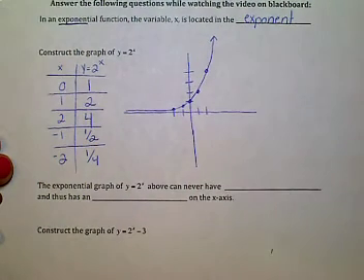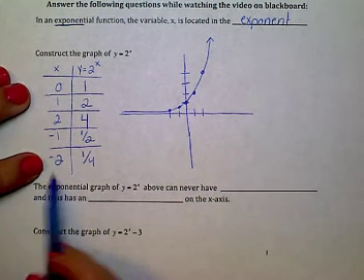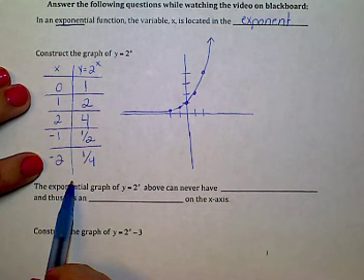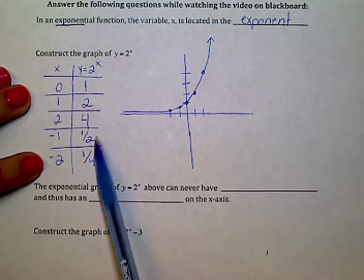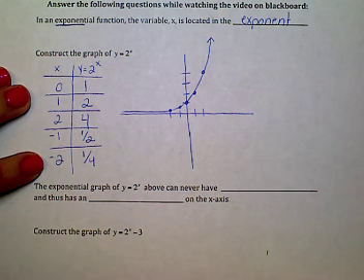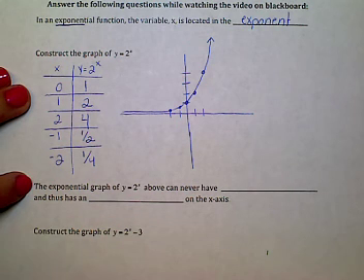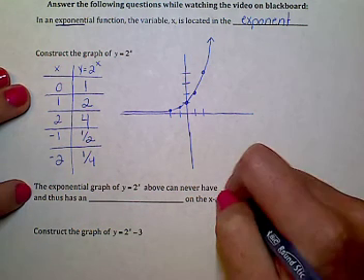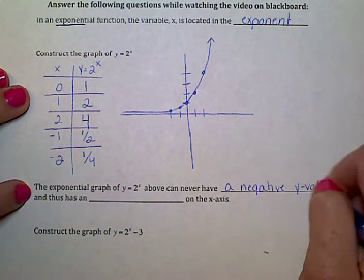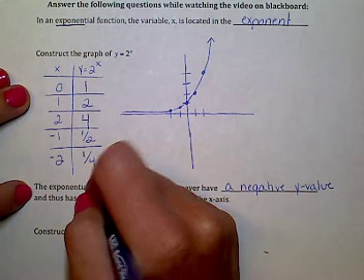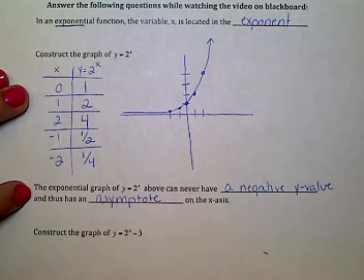Okay, now, this graph, you might notice, if I were to keep making some points on this chart, if I were to keep using negatives for my x values, well, I would get smaller and smaller fractions, but nothing would ever be negative. The exponential graph of y equals 2 to the x above can never have a negative value, and thus has what we call an asymptote on the x-axis.